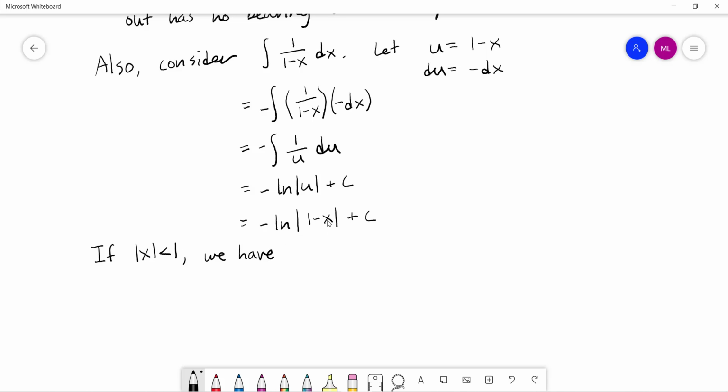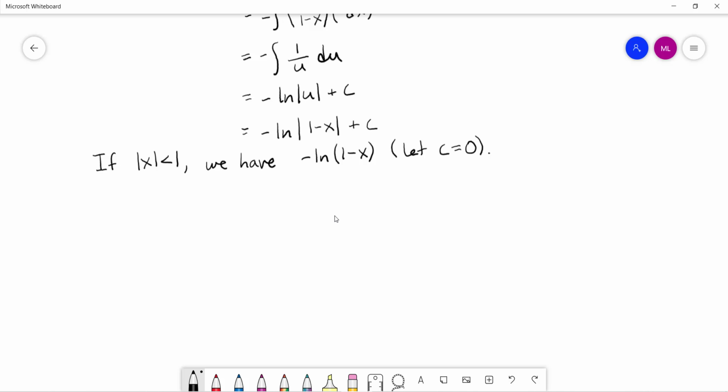And when I plug in a number a little bit less than 1 here, I'm still going to get a positive result. So I can drop the absolute value signs, and I can say that this thing can just be the natural log of 1 minus x. And again, let's let c be equal to 0 for this case, just to make life easy.